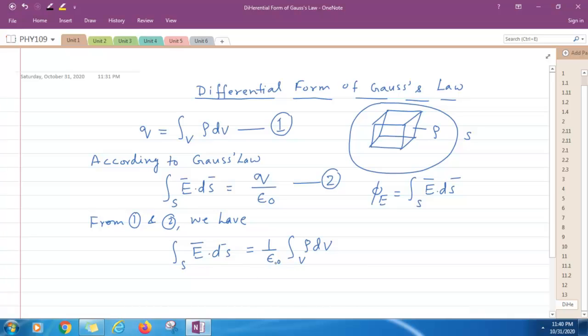Just multiply epsilon naught to this side, you will have surface integration epsilon naught E dot ds is equal to volume integration rho dV.